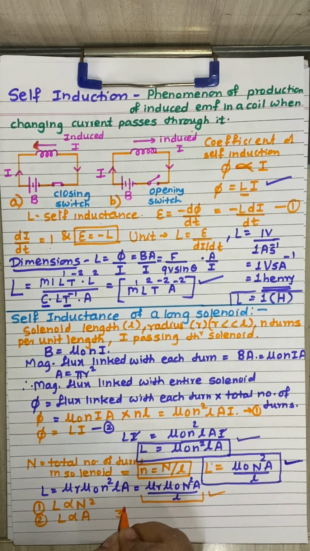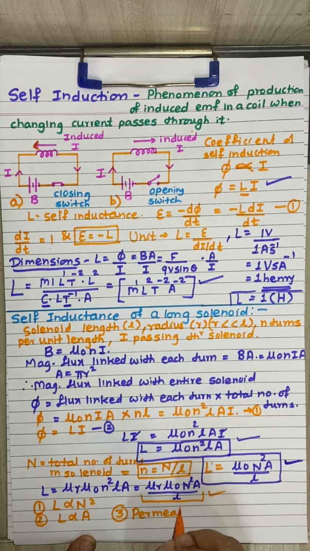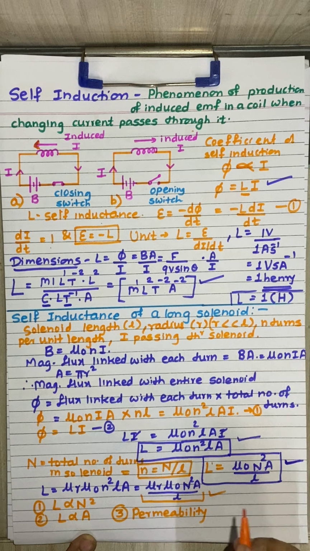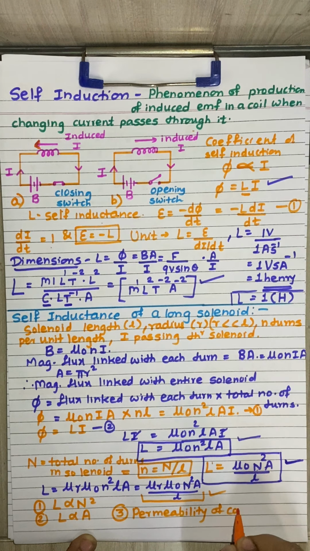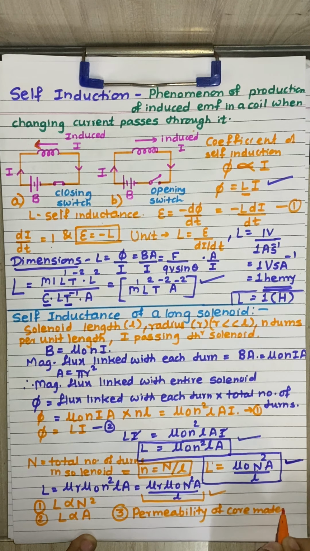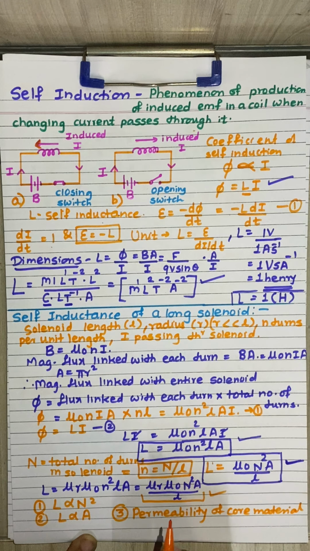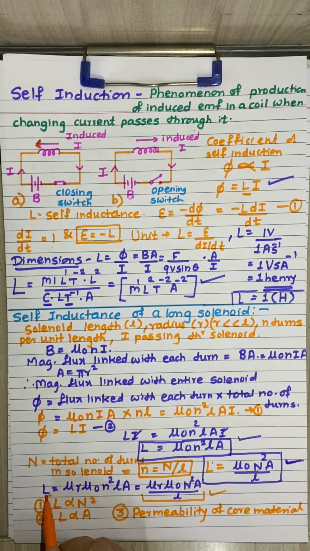The third important point is the permeability of the core material. The self inductance of a solenoid increases mu r times, because we have seen that L is equal to mu r times that particular value.